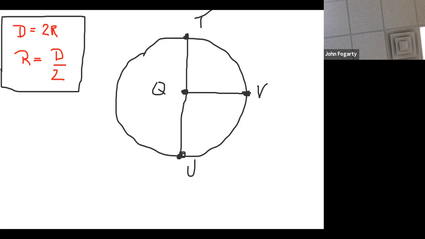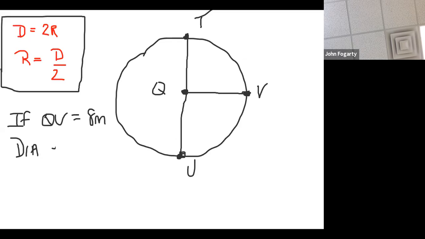So if I tell you that QV is equal to 8 meters, what is the diameter of circle Q?